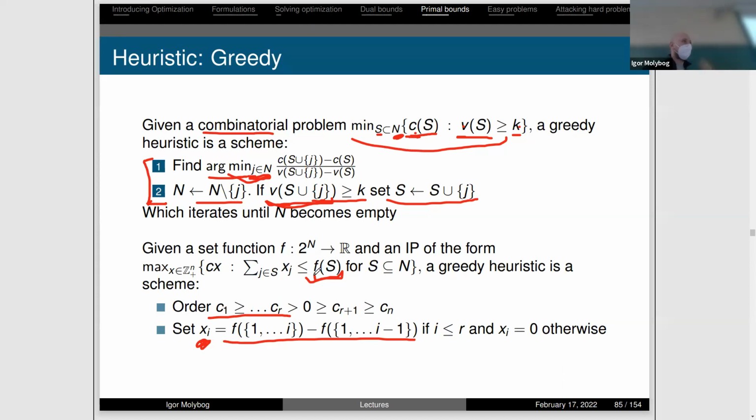Any questions regarding the reformulation for IP? No questions?